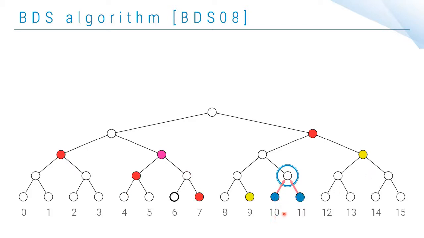In this step, the next leaf is generated and the circled node is computed by these two nodes and kept in the state. Then the circled node is in the authentication path now. Before it is required, the BDS algorithm can generate it and store it in the state.